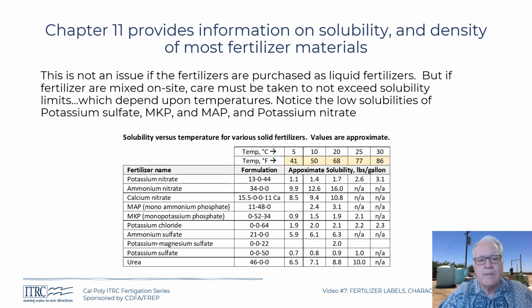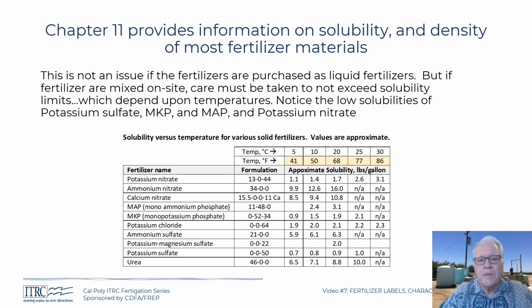I've mentioned the idea that different fertilizers have different solubilities, and it's a function of the temperature. And so this is a table that gives you an idea. You can look at the numbers, they're in your book. But you see that each chemical is different.